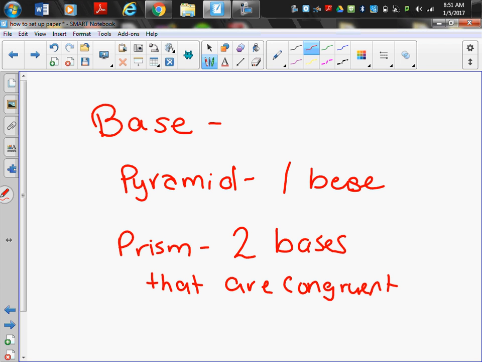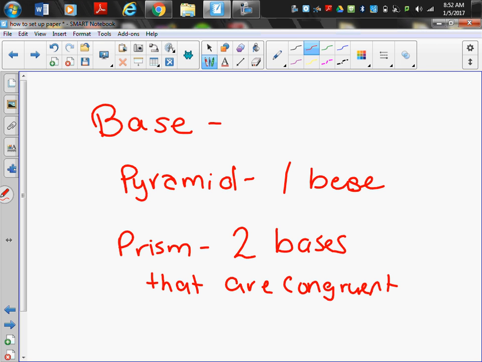A prism will have two bases that are congruent. Alright.